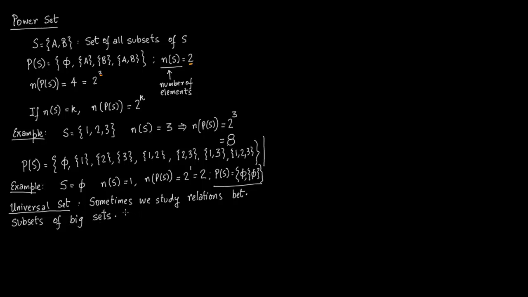So we fix the big set and call this the universal set U. It is denoted by U. For example, the set of all the people in the world.